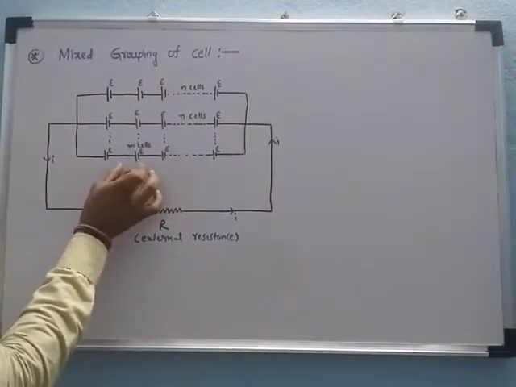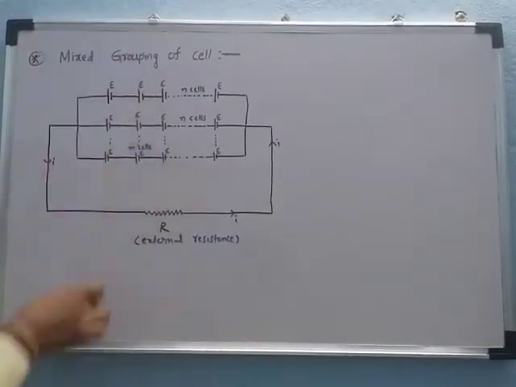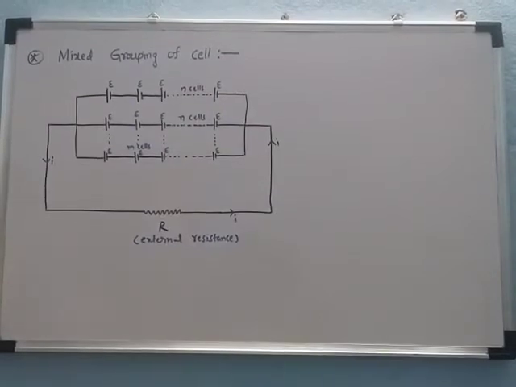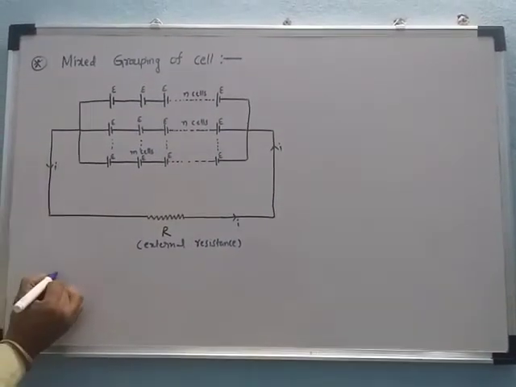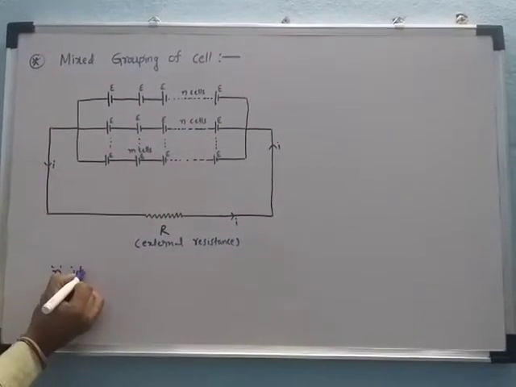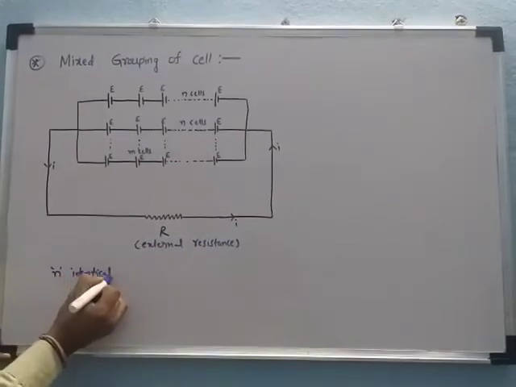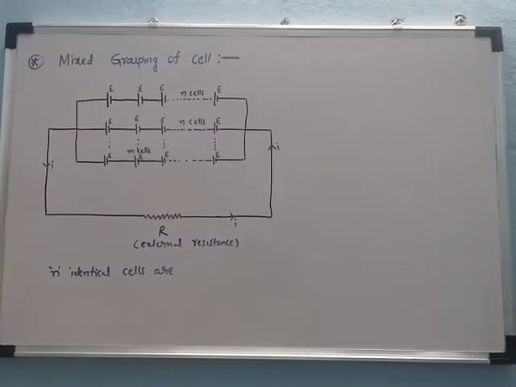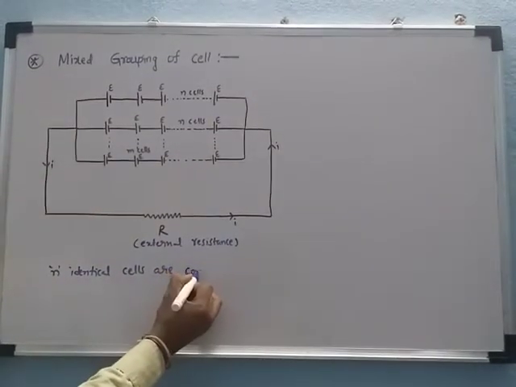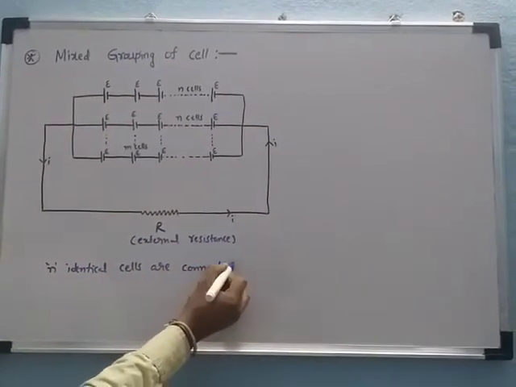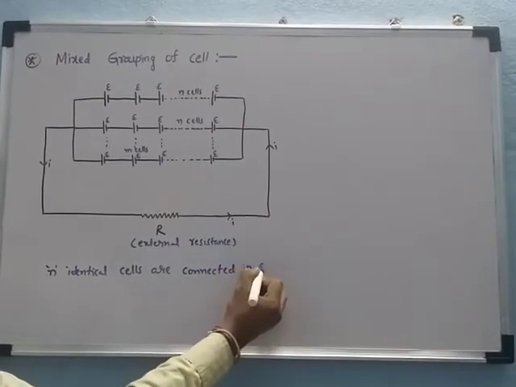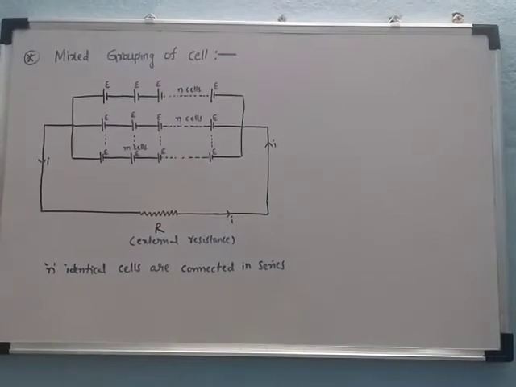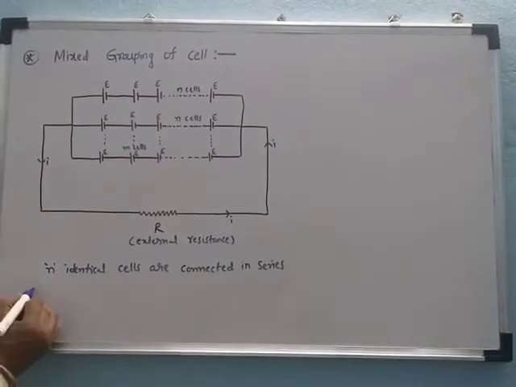How many rows are there here? The m rows are in parallel, and n cells are in series combination. Then we can add the n identical cells. N identical cells are connected in series in one row.